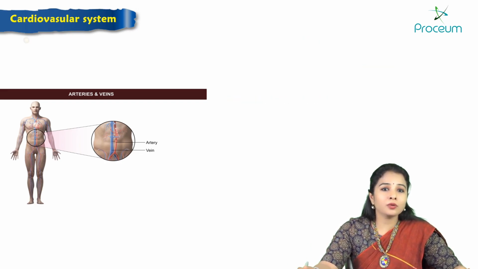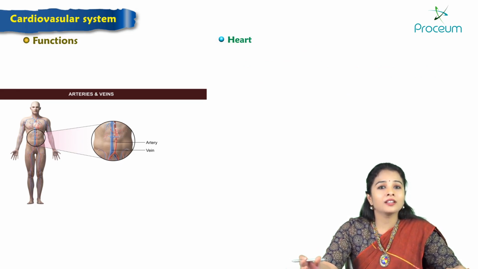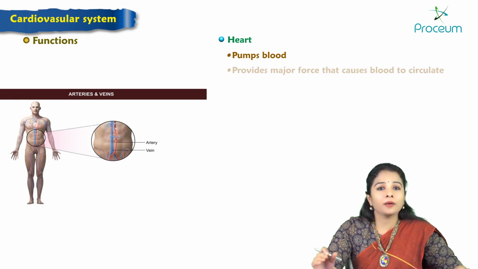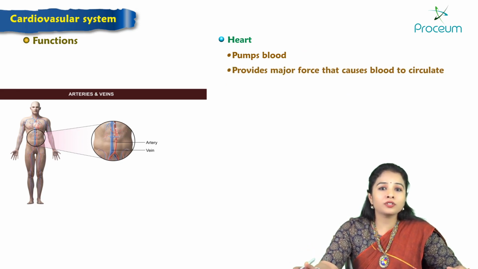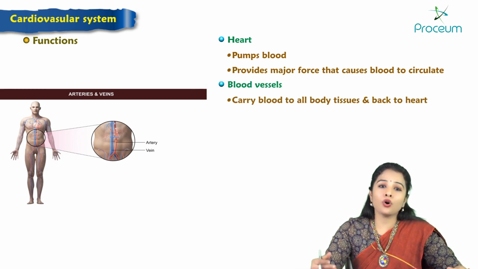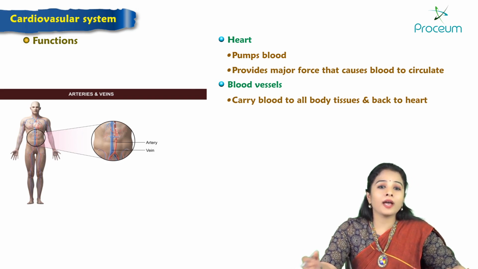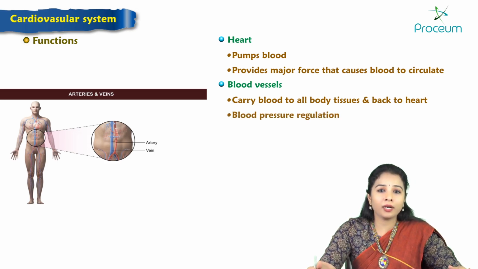Let's talk about some components of it. The heart is the important component. The heart pumps the blood and provides the major force that causes the blood to circulate, whereas the blood vessels carry the blood to all the tissues of the body and back to the heart. In addition, the blood vessels participate in the regulation of blood pressure.